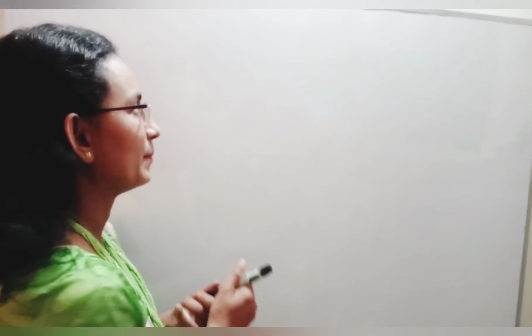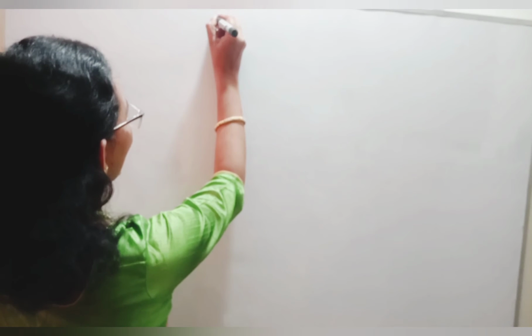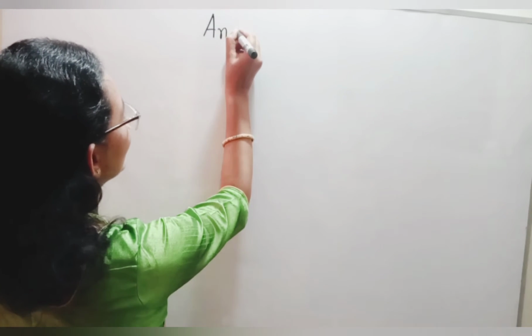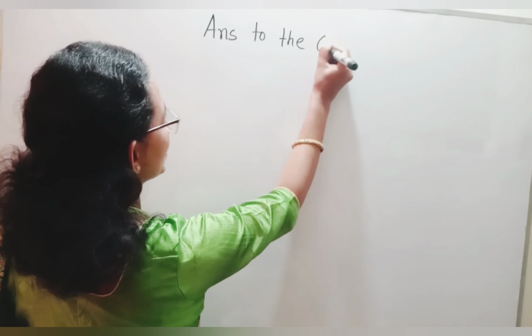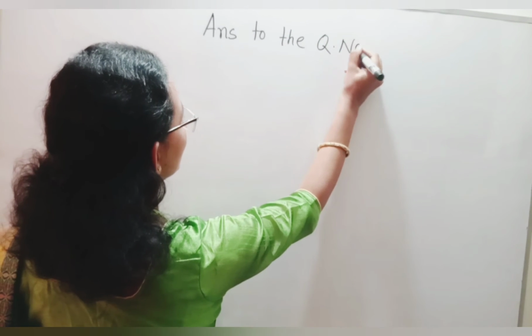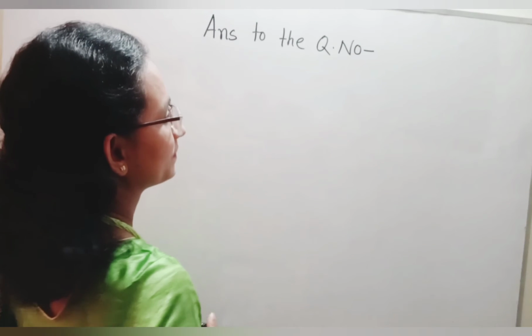Now I will show you how you can write the answer of modifier. At first you will write the question number like this. Answer to the question number dash.